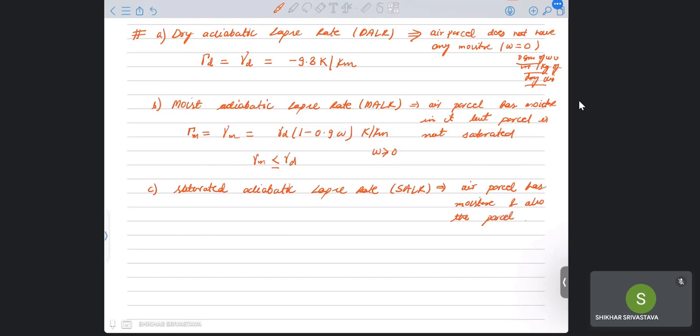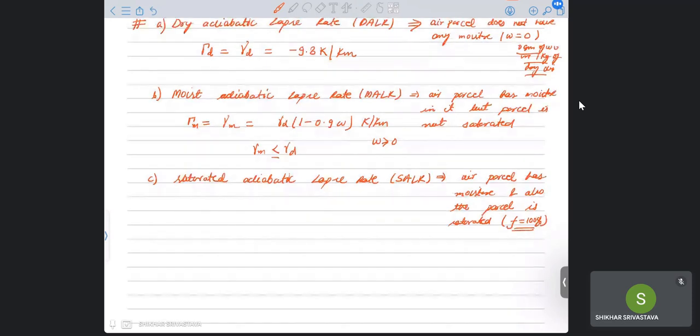That is, its relative humidity is 100%. In that case, the parcel will follow this moist saturated adiabatic lapse rate, whose value we derived yesterday.